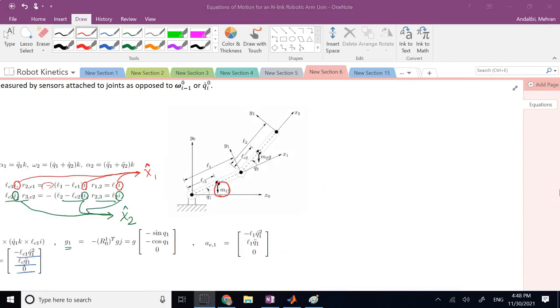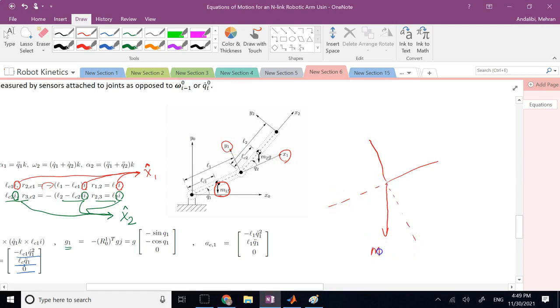Here is that force m1g, and then these are the axes along which you need to project. So this is my force. These are the axes, axis x, axis y. And this angle is definitely Q1.